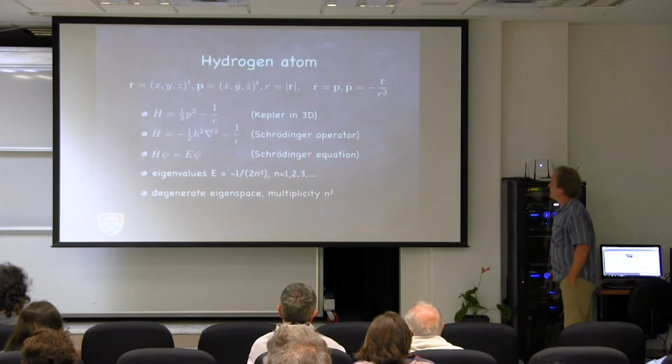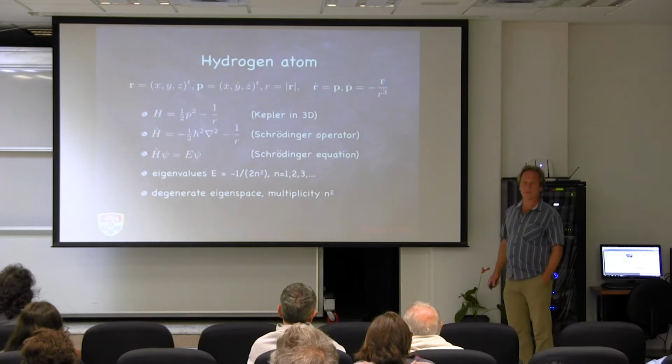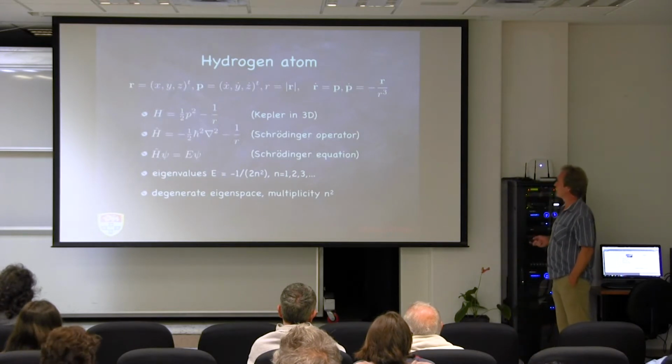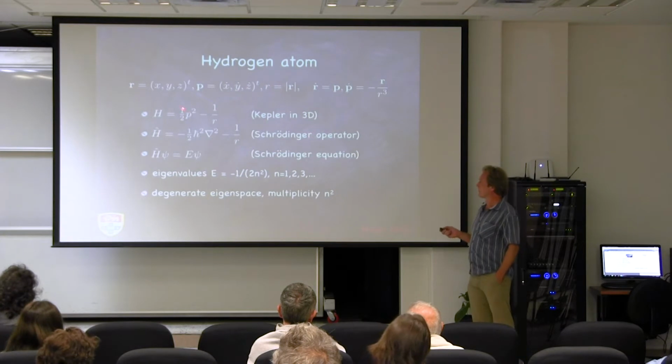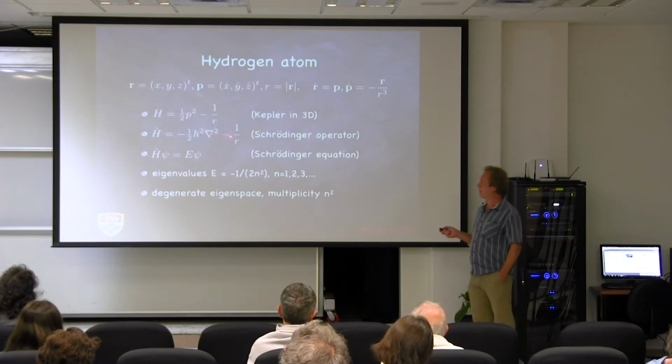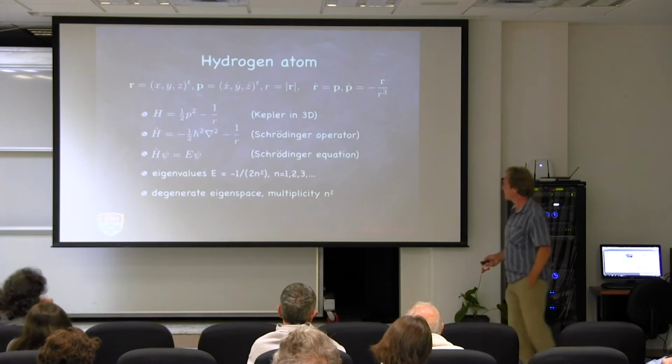Okay. So I will switch back and forth between the classical and the quantum description. So just very briefly, how do you get the hydrogen atom from this? Well, basically you replace p squared by the Laplacian with a minus sign. So that's the standard kind of canonical quantization.